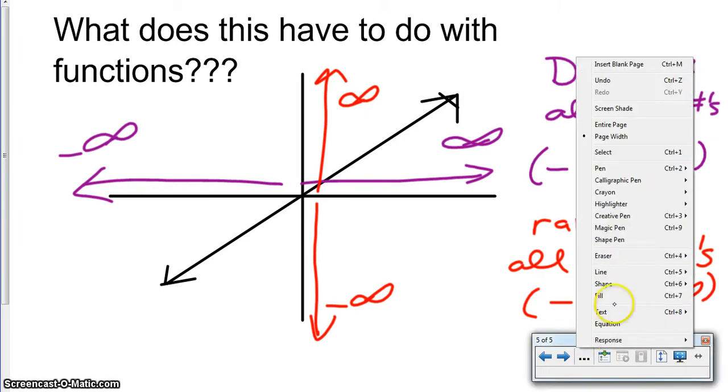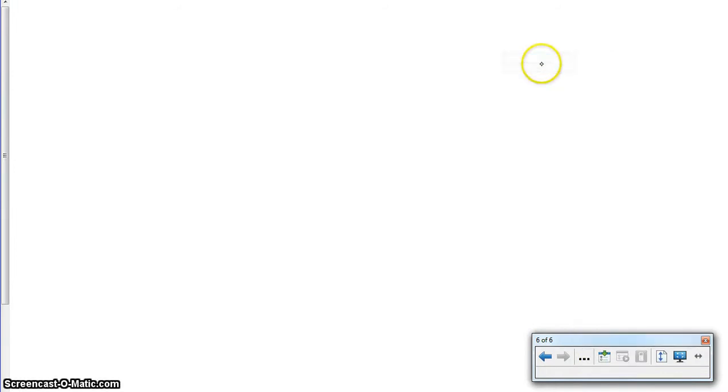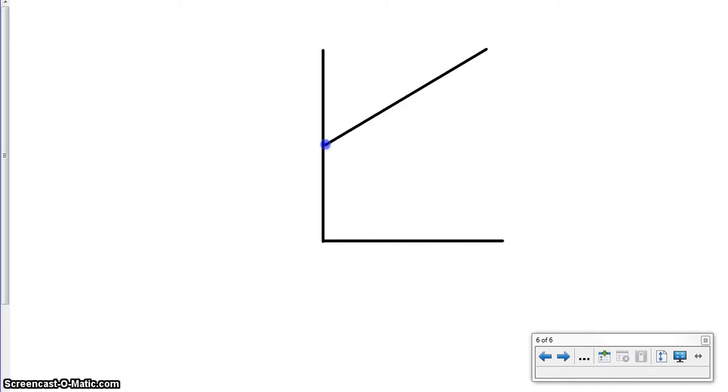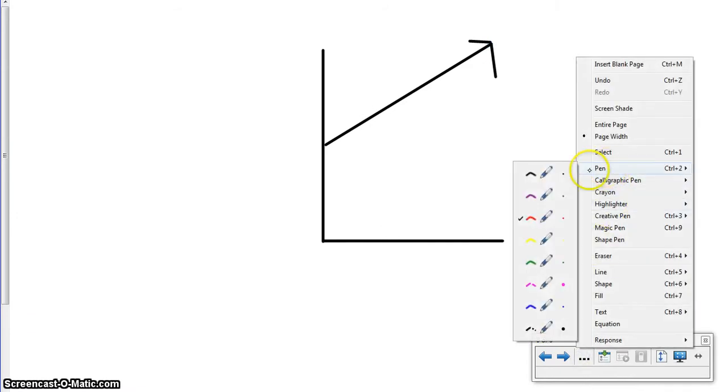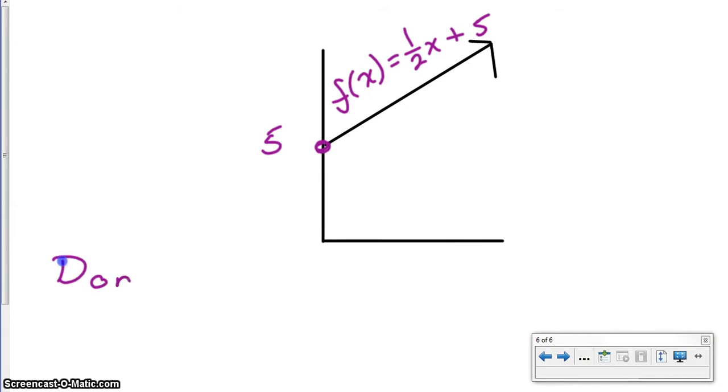Oh, but wait a minute, Mrs. Rose. What if, some of the things that we did in this last unit, what if Mrs. Rose had things stuck in the first quadrant and she had something that looked like this? And let's say that it started right here at 5, and this is f of x equals 1/2 x plus 5. And I said to you, what is the domain?